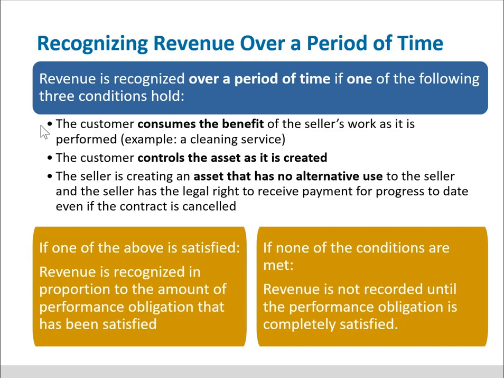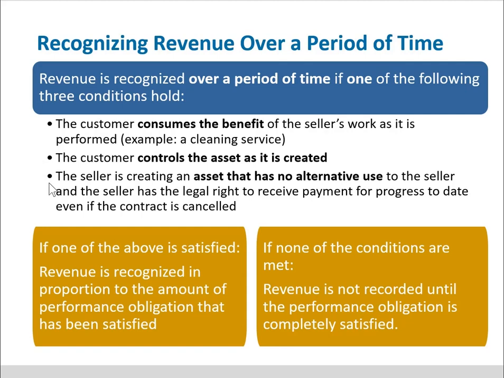Instead, they're going to record their revenue little by little over time. The second situation is one where the customer is able to control the asset as it gets created. So an example of that might be a business having an addition put on to an existing building.